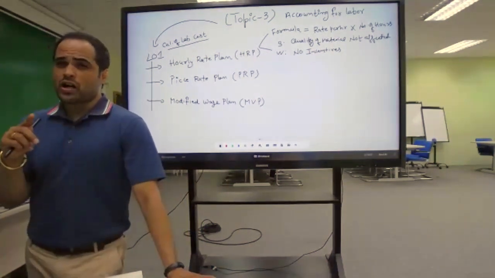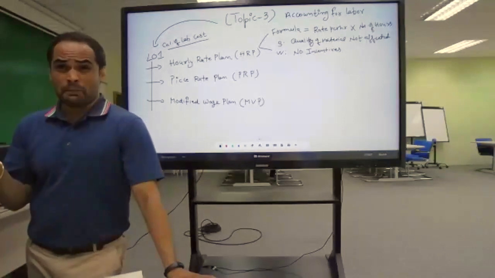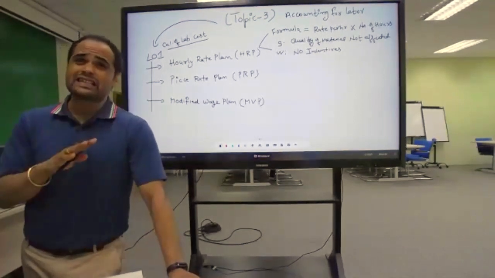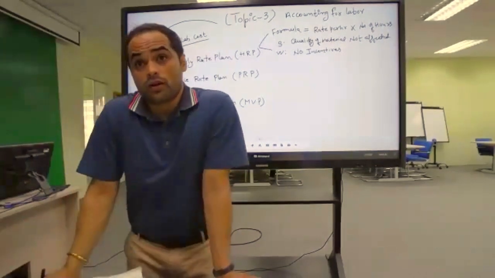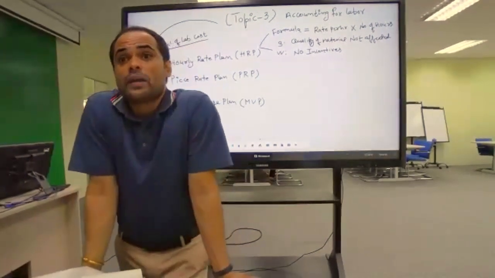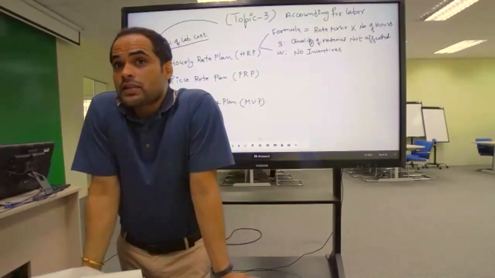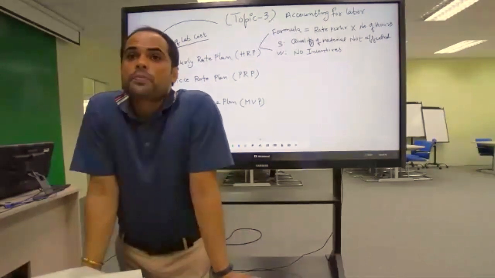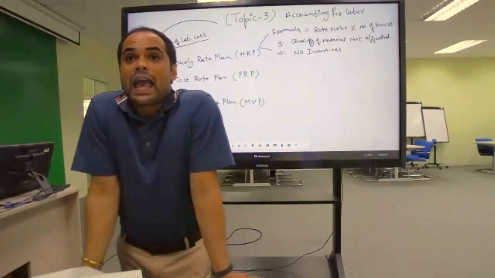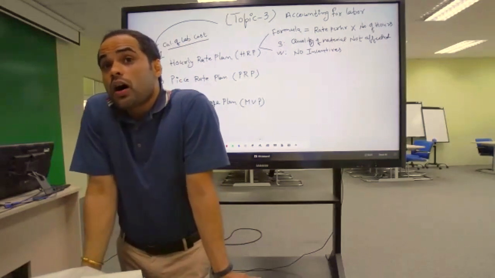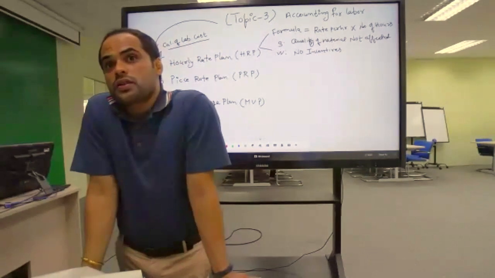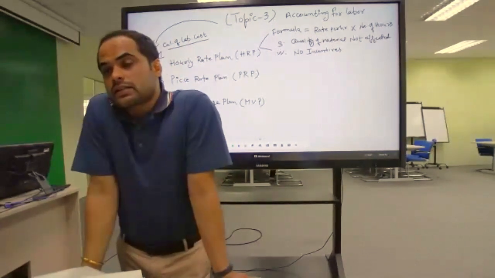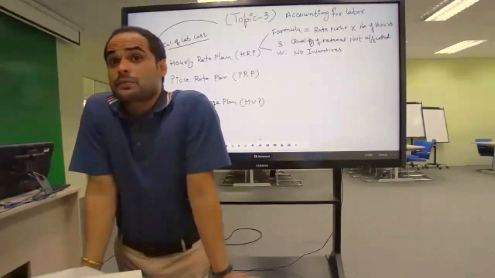Workers on an hourly basis are less likely to get commission, incentive, or bonus benefits from the company. So they don't have the opportunity to earn extra money. That's the problem of this method.